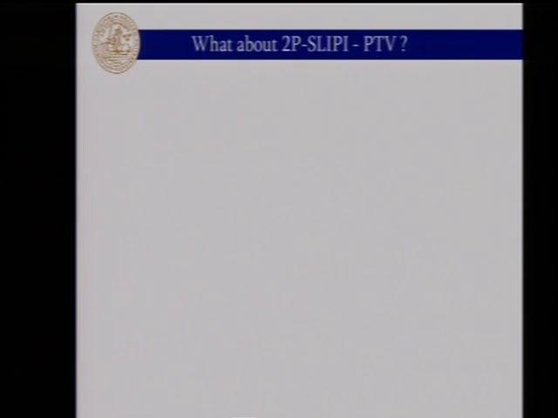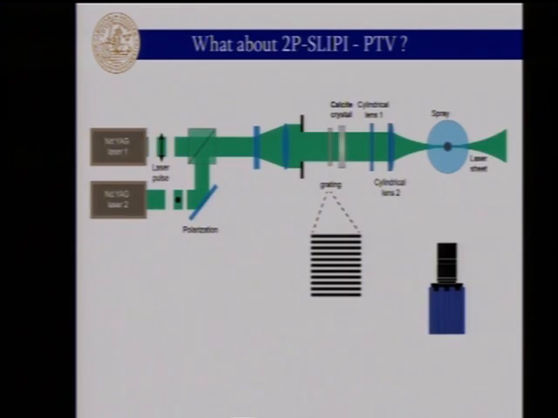So I guess the question is now, what about two-phase SLIPI particle tracking velocimetry? We actually got the results just last week, so I cannot show it, unfortunately. We didn't post-process. But what I want to say is, from a hardware point of view, it's not complicated. This is what we have for a single image.